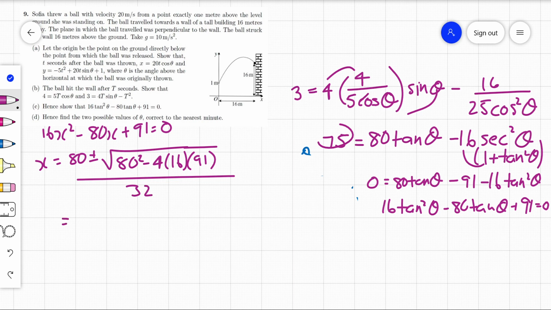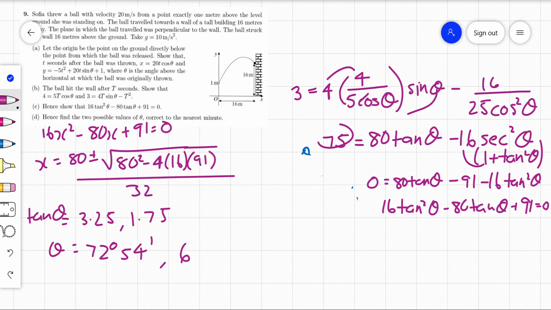So my two values, if you put that in your calculator, are 3.25 and 1.75. And remember, x is representing tan theta. So inverse tan of 3.25 is 72 degrees 54 minutes. It's said to the nearest minute. And inverse tan of 1.75 is 60 degrees 15 minutes. So they're the two possible values of theta.